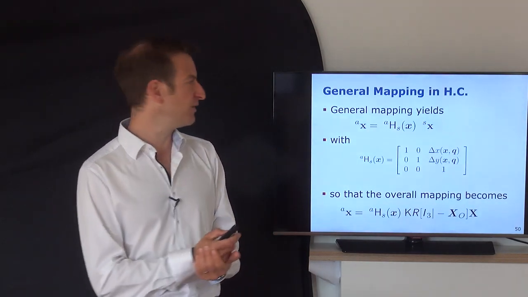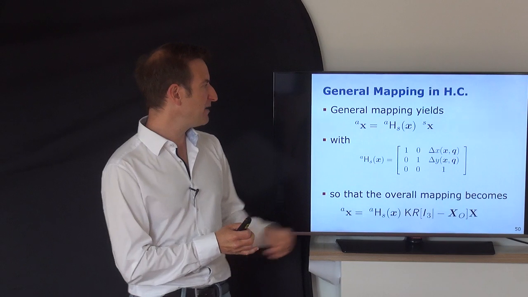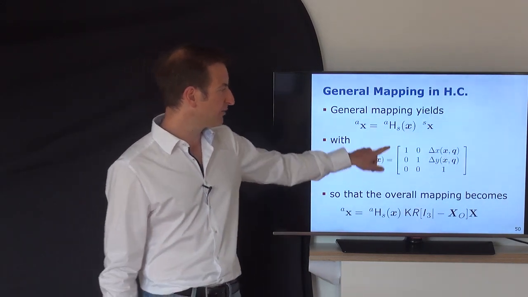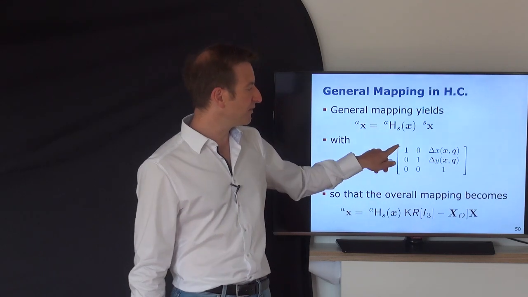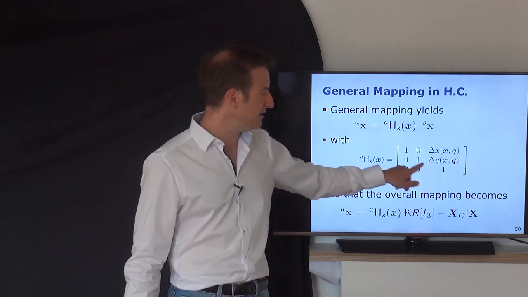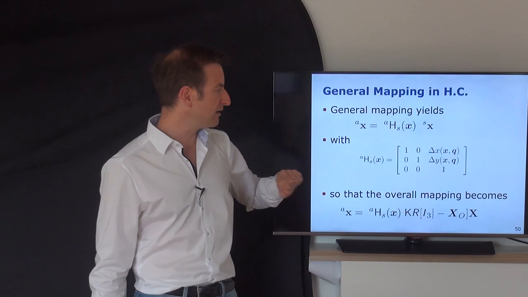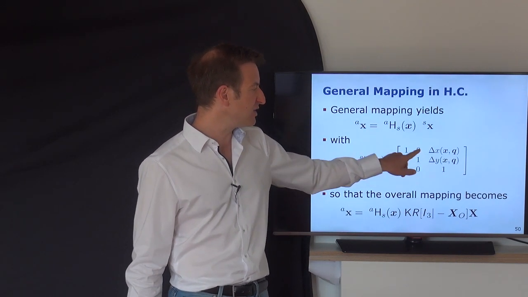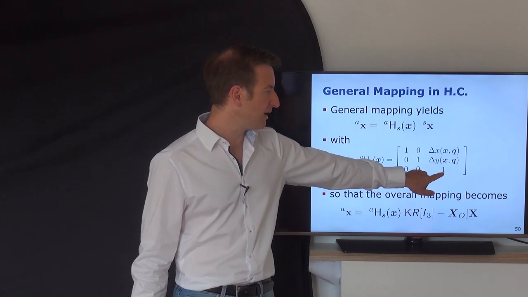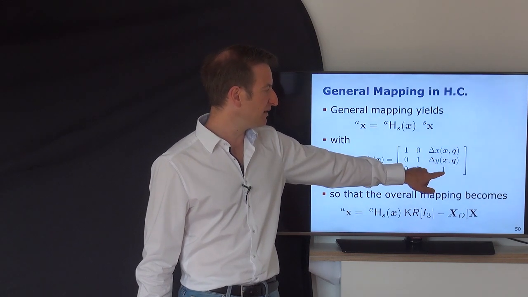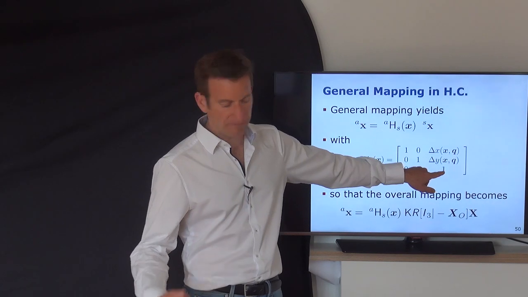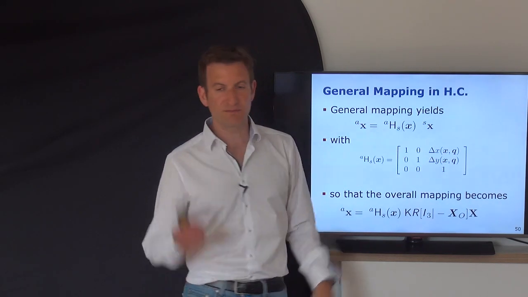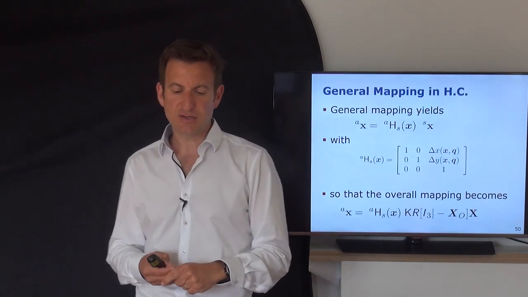So if I express this with an additional mapping matrix, which maps from my sensor frame to my arbitrary sensor frame, I can express this with a 3x3 matrix of this form, where I have the ones on the main diagonal. You can see this as an identity rotation matrix in 2D. This is my homogeneous element, so the normalization, and this is my shift. This is exactly the shift parameter that I had before that is location dependent.